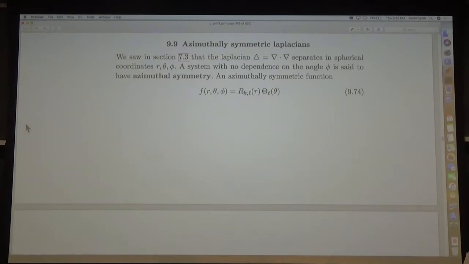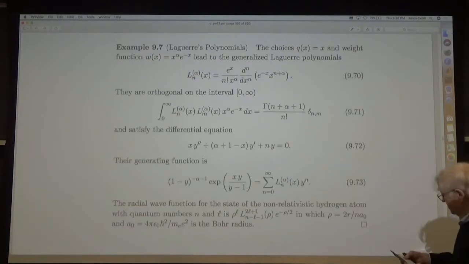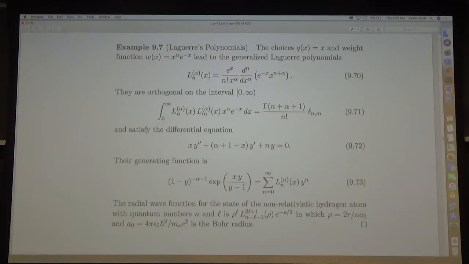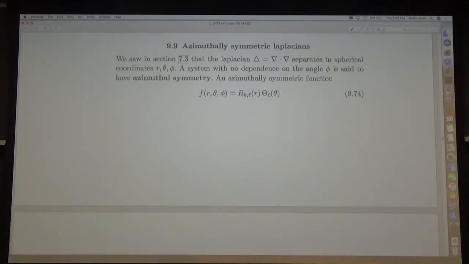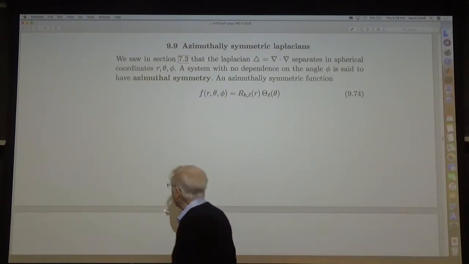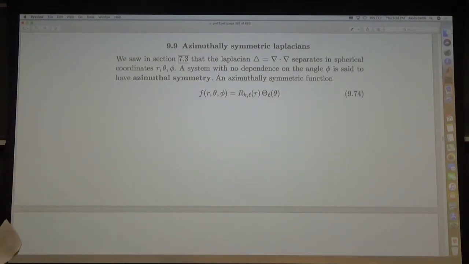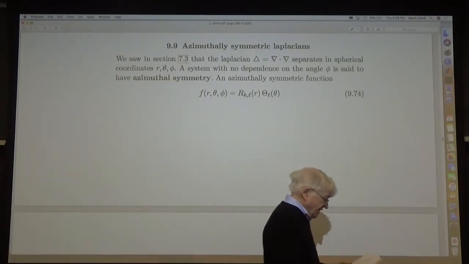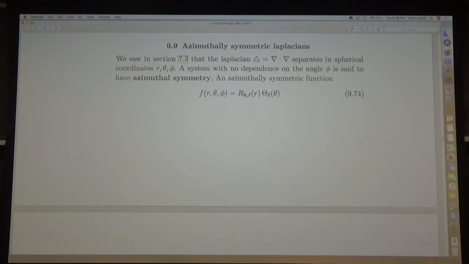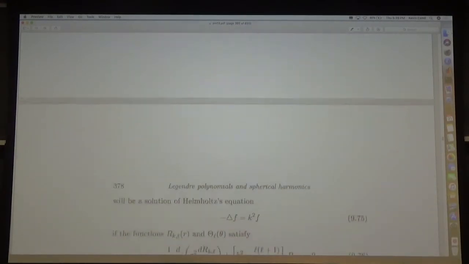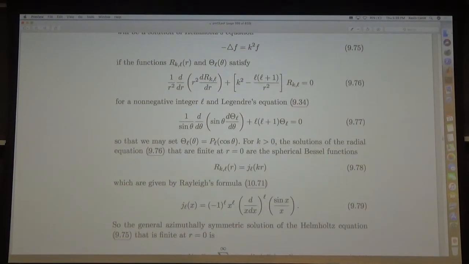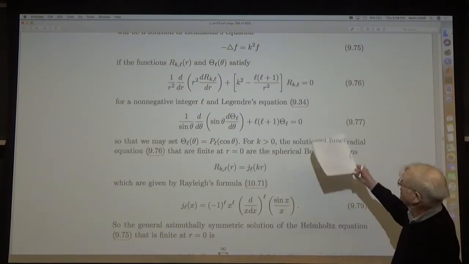If the system has no dependence on the angle phi, then we say it has azimuthal symmetry, and so the appropriate function is just a product of a radial function and a function of the polar angle theta, and this will be a solution of Helmholtz's equation if the functions R and Theta satisfy these equations.